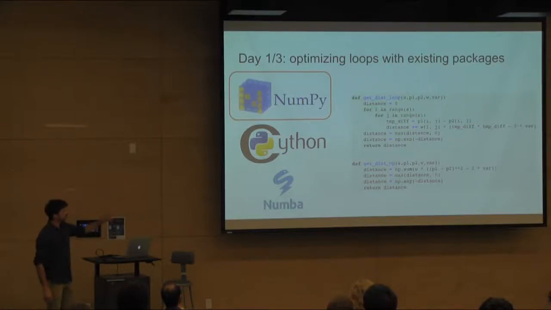We tested those on a simple operation, computing the distance. You have to loop through a 2D matrix, so you have to loop through all those single points. You can also write it as a single line, using Numpy broadcasting.